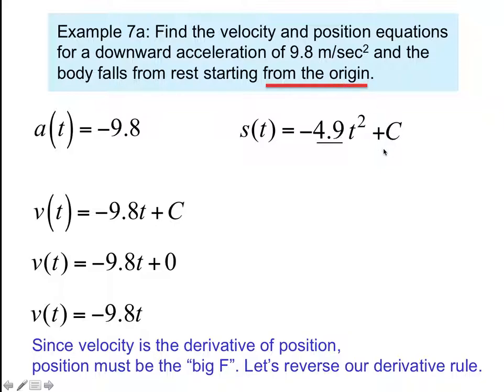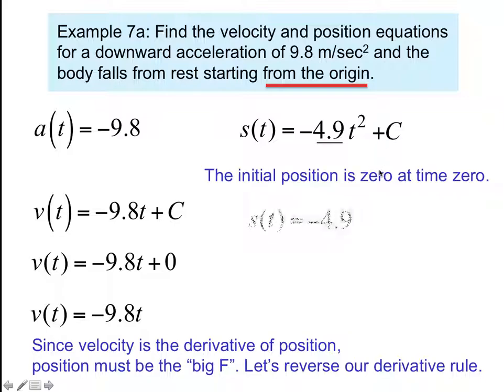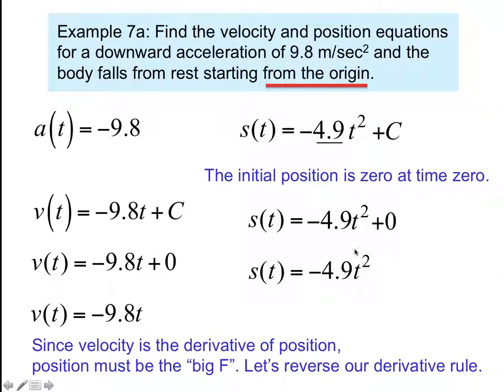So this is also 0, and we can call this position function negative 4.9t squared. We can put in the plus 0 at the end if we want to, but it simplifies down to that. So this is our position function, and this is our velocity function when we start at rest and from the origin.